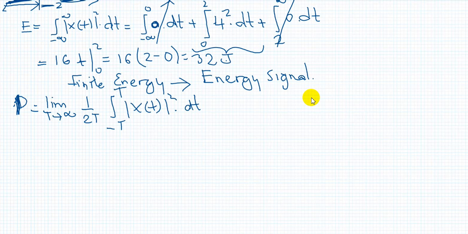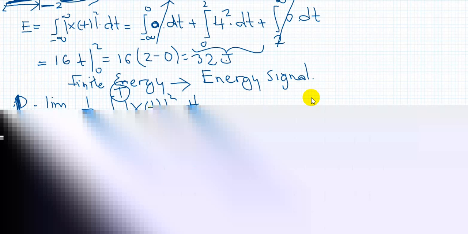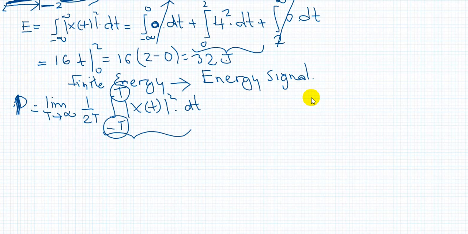Now, this is a time-limited signal, meaning I have a signal only between certain limits, so you can assume the limit is from 0 to 2 in this case. The integration is going to give me the same value, which is 32.